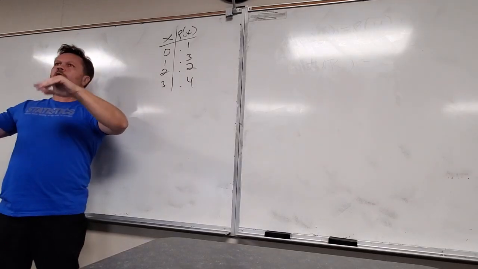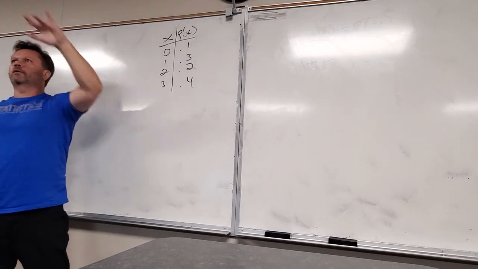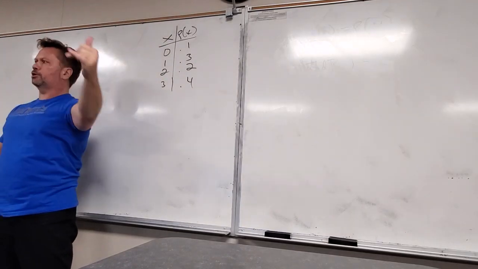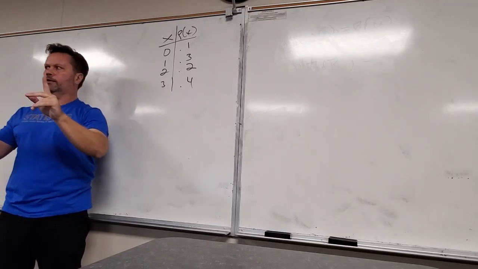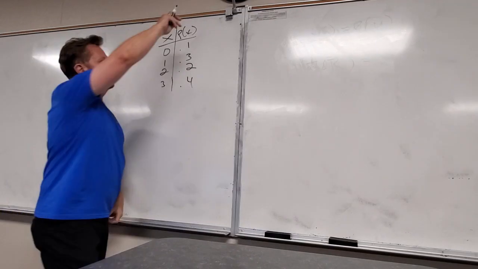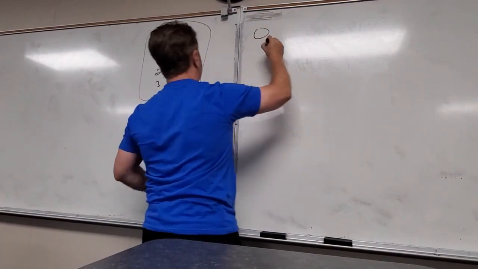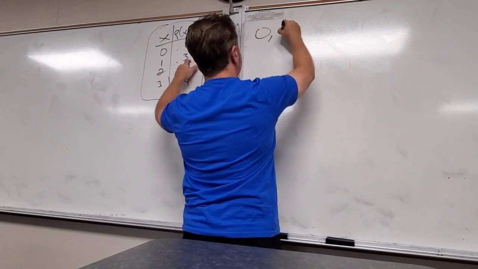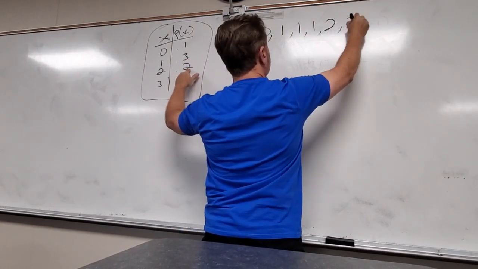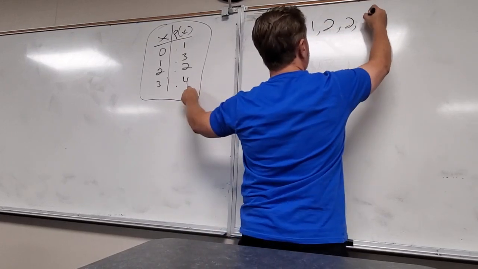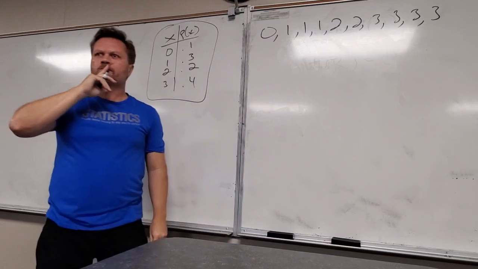So I'm going to write a list of data that would mean this. Then we're going to do the work and I'm going to develop the shortcut, and you're going to love the shortcut very quickly. So one thing this could represent is, like I just said, there could be 1 zero and 3 ones, 2 twos, and 4 threes, right?